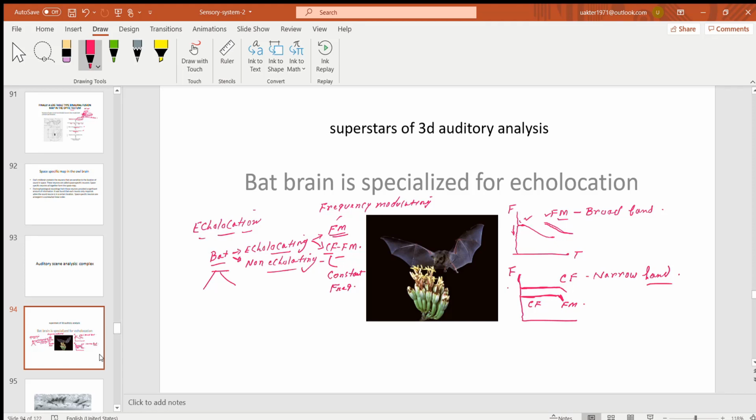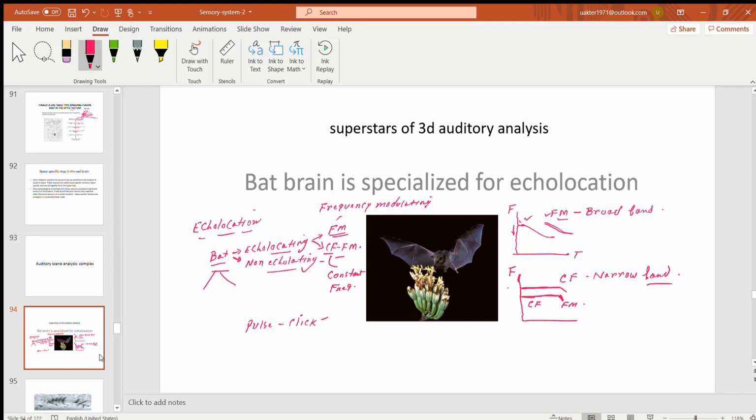Now the bats produce a click or pulse using their mouth or nose. Sometimes they use both together, and the eyes of the echolocating bats are pretty small, and they use their eyes much less than sound.